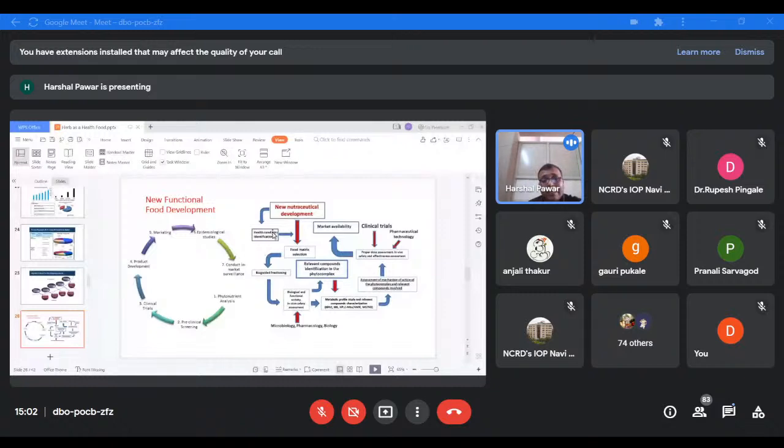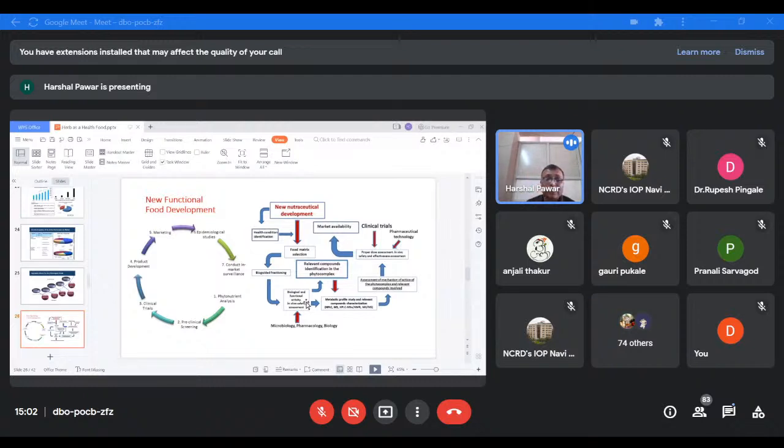So from that complex mixture of different phytoconstituents which are present in the crude material, you will have to extract out specifically some special kind of phytoconstituents which are showing a particular kind of therapeutic activity, maybe in terms of antioxidant property or maybe in terms of any other therapeutic property, right?